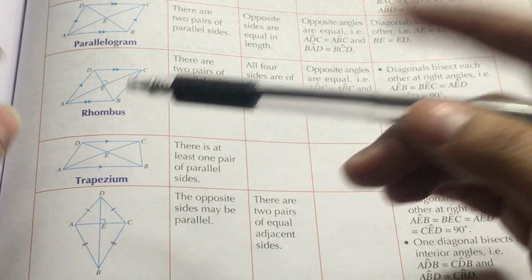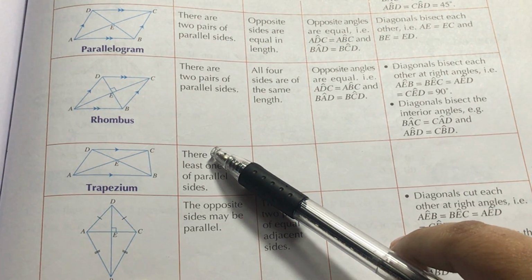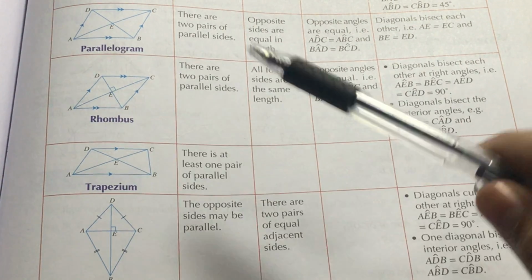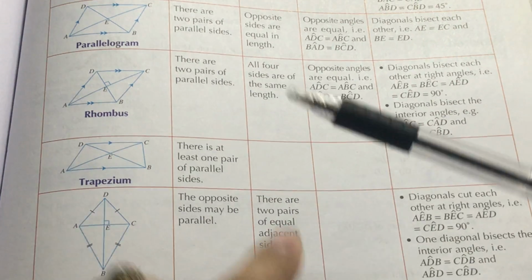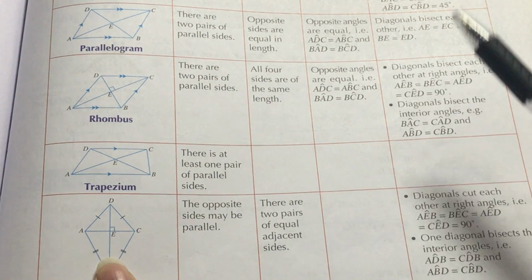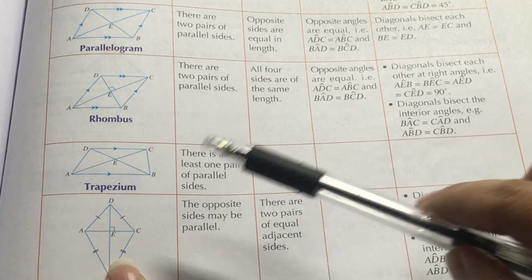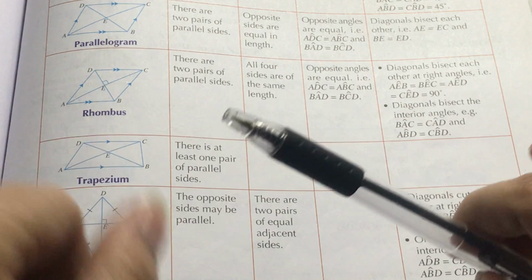So we have only one pair of parallel sides in a trapezium, right? We have no equal side concept in this trapezium. We have no specific rule for the interior angles and for the diagonals of this trapezium. They vary according to the shapes, right?